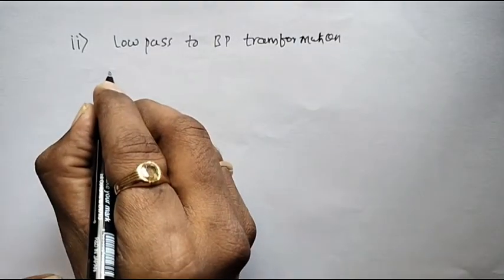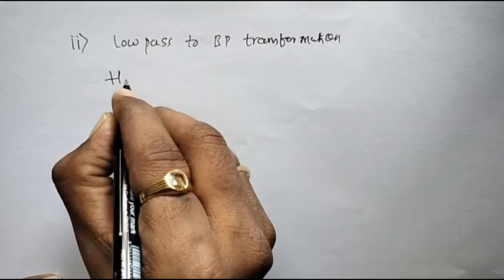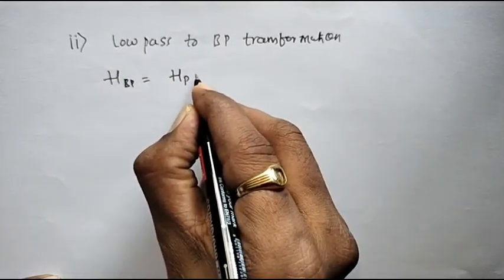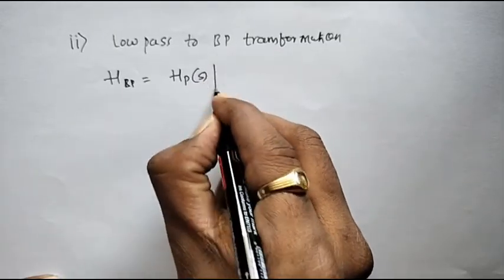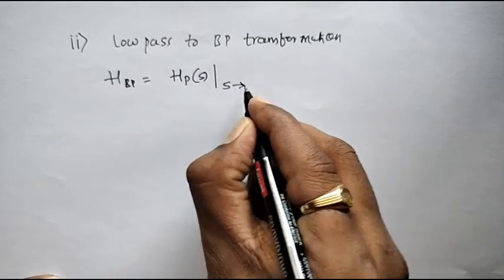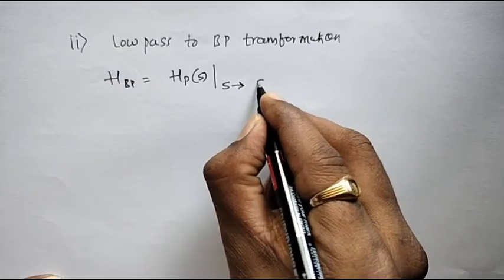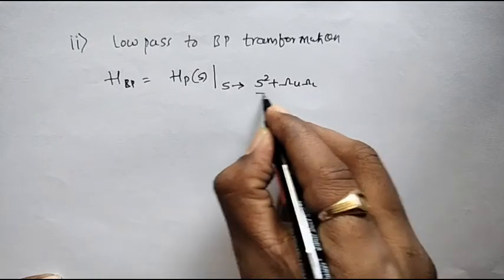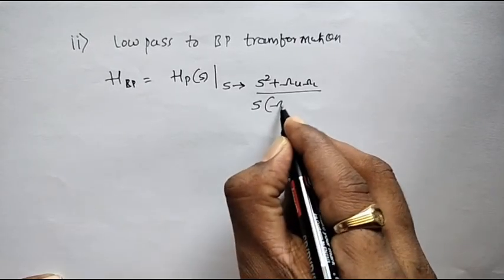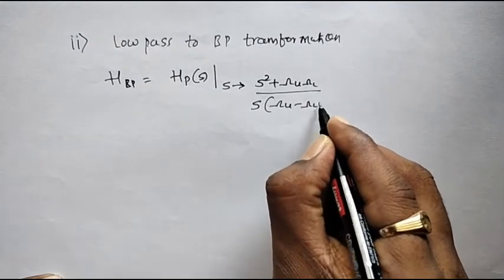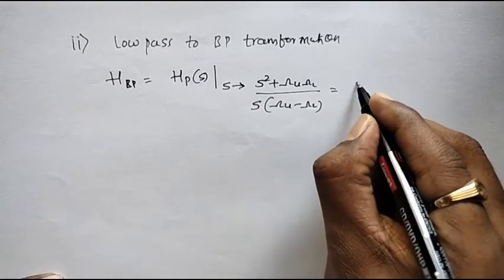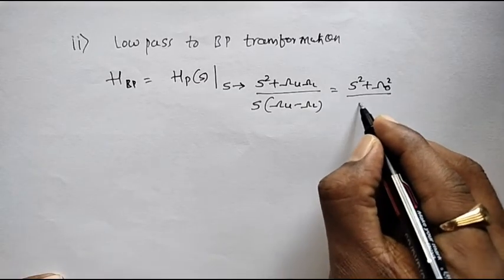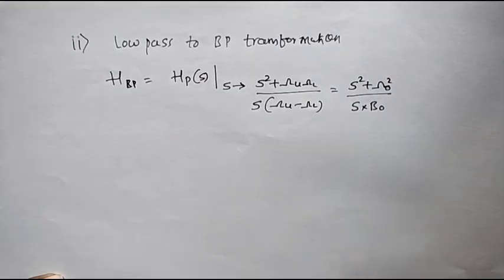That gives us the transfer function of the band pass equal to the low pass prototype filter, provided that S is replaced by S square plus omega_u omega_L divided by S times (omega_u minus omega_L), which is also equal to S square plus omega_0 square divided by S times B_0.